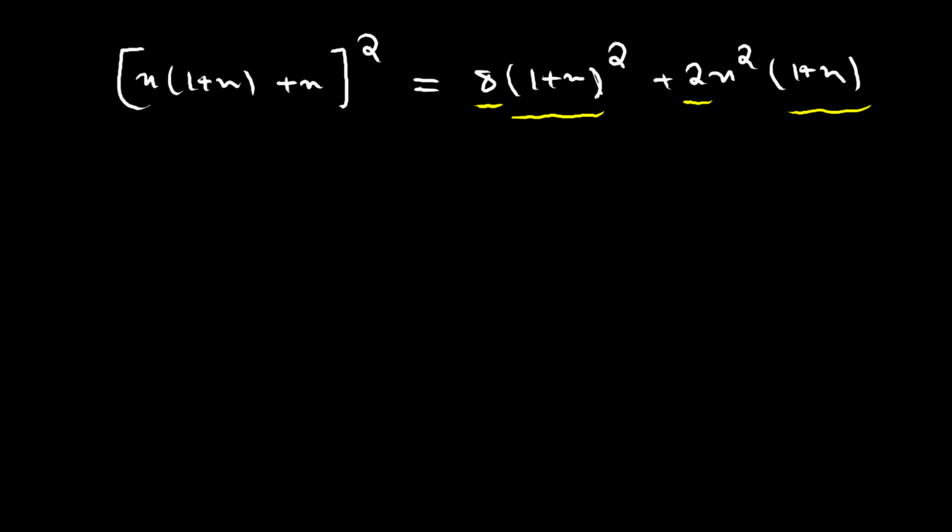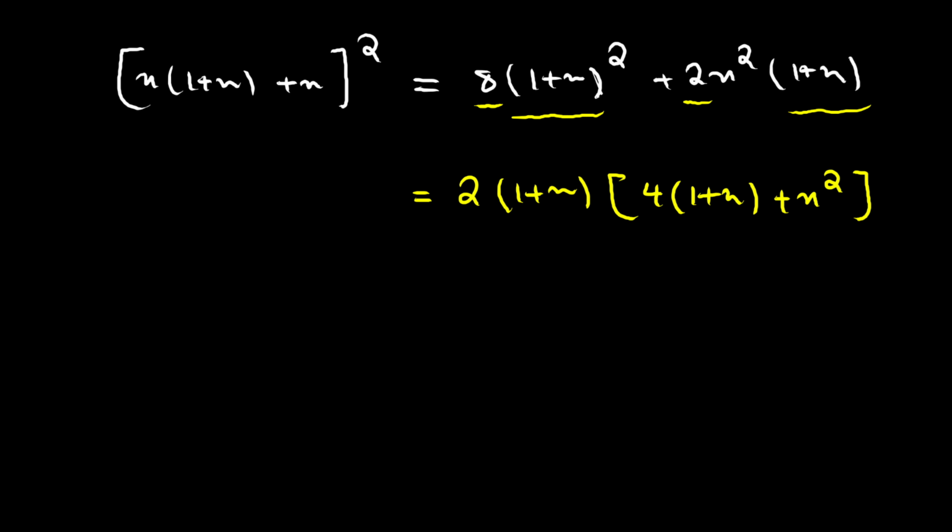So we can factor the right-hand side as 2 times (1 plus x) times the quantity 4 times (1 plus x), and then plus x squared. And the left-hand side can be simplified as (x squared plus x), which is (x squared plus 2x) all squared.